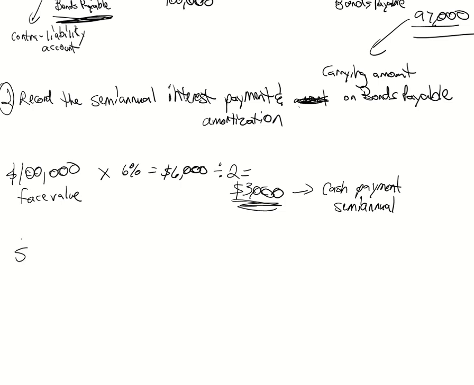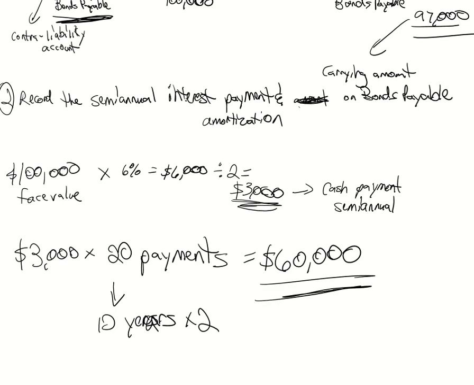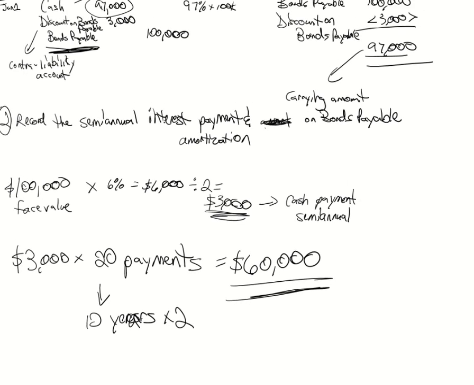So we're going to take $3,000 multiplied by 20 payments. 20 payments, that's your 10 years multiplied by 2. So you're making 20 payments within 10 years, so twice a year. That's going to give you $60,000. So that's your total cash payment right there. Payments of $60,000 for 10 years.